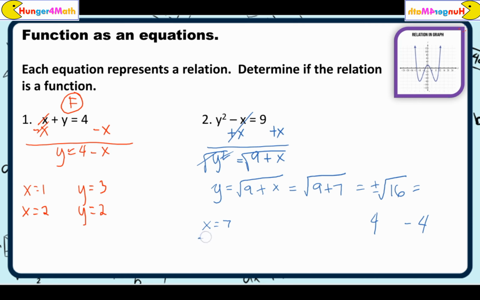So if we have a domain of 7, our range will be positive 4 and negative 4. It now has two ranges. So this is not a function. So that's how you're going to identify if the equation is a function or not.